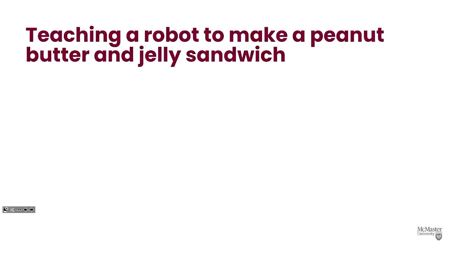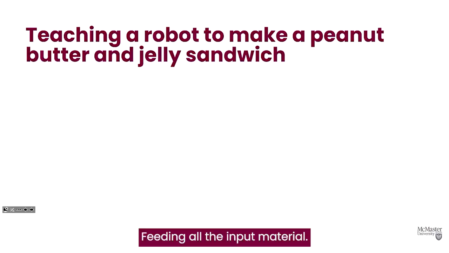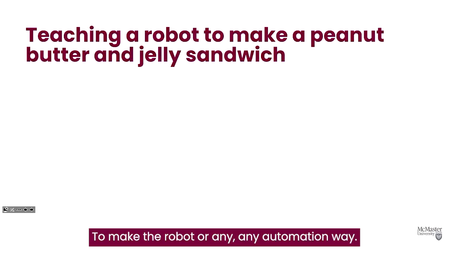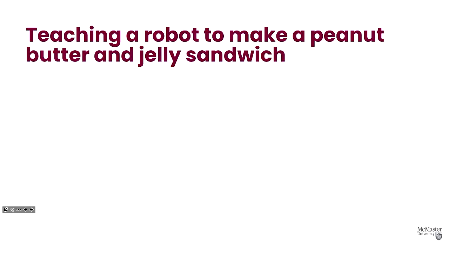Create a plan of how to supply these ingredients, what you want, and tell them what the mix is they have to do, what the steps are. But more critical is the algorithm or computing, feeding all the input material. That's the most critical one to make the robot or any automation work.